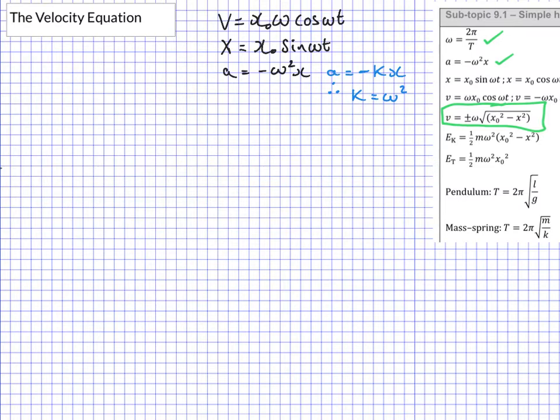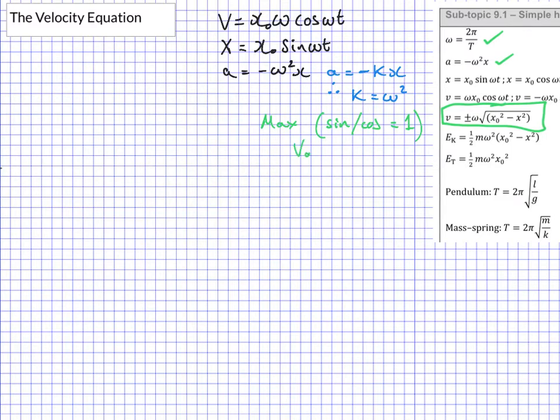Other things to just reiterate: when we're at a maximum position in our graphs, we can say that the sine and the cosine value must be equal to 1. Remember we talked about that before. What that means is that they can cancel out, and we're left with a couple of statements.